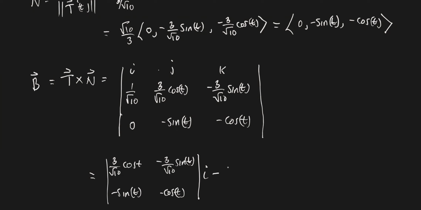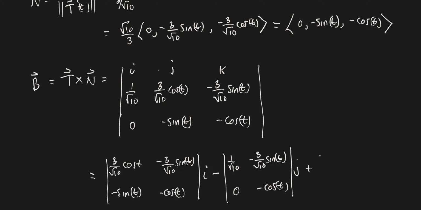And then minus, when I block out the middle column, I have 1 over root 10, negative 3 over root 10 sine of t, and then 0, and then negative cosine of t, and that will be times j.